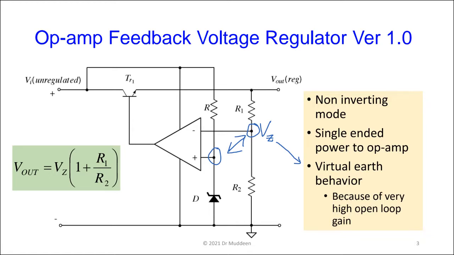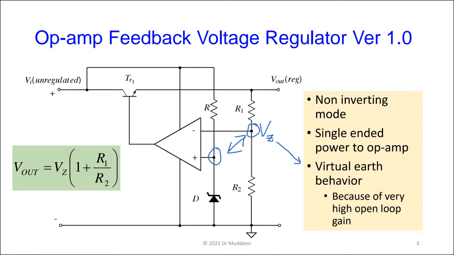The non-inverting input of the op-amp, circled in blue, connects to our reference voltage from the Zener diode. The measured voltage, detected using the voltage divider comprising R1 and R2, goes to the inverting input, and the output of the amplifier drives the base of the pass transistor.